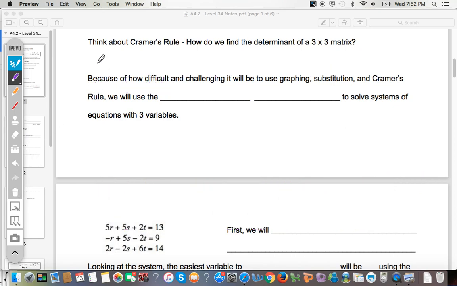Okay, so think about Cramer's rule. How do we find the determinant of a 3 by 3 matrix? At this point, we don't know.